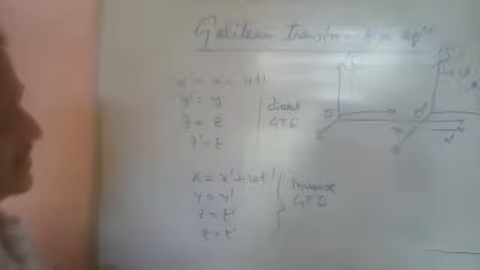So what were our results according to Galilean transformation equations? What we got? Number 1, length is invariant. Number 2, velocity is not invariant. And number 3, acceleration was invariant.